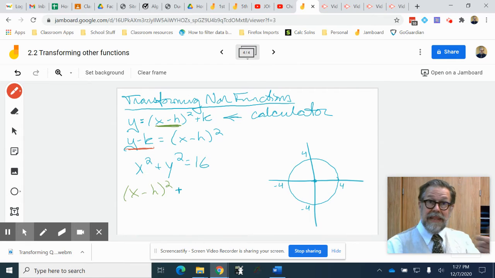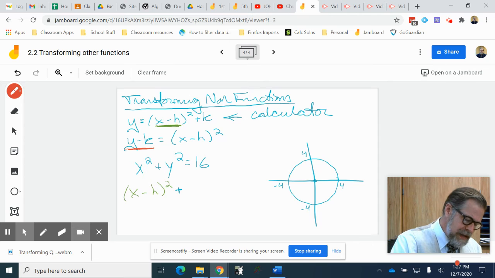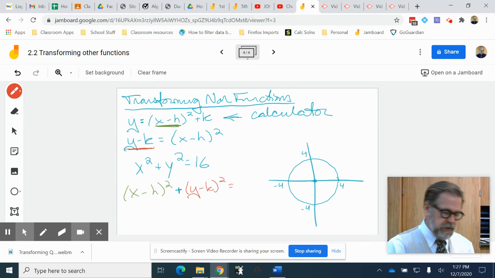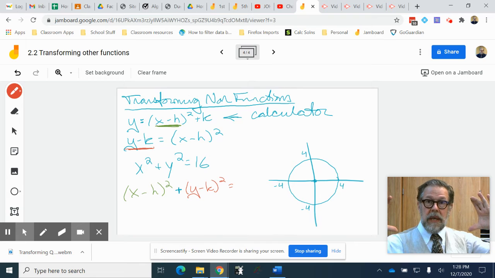Now notice that that's in the alternative form, so I'm just going to write (y minus k) squared equals, now, stretch factor. Stretch factor is sort of built in here. We had 16, that told us radius 4. I can't stretch in the x direction or the y direction alone because then I don't have a circle anymore. I've got an ellipse.